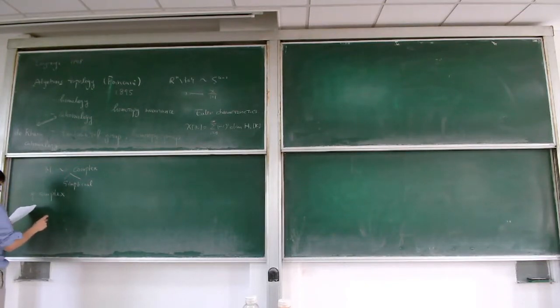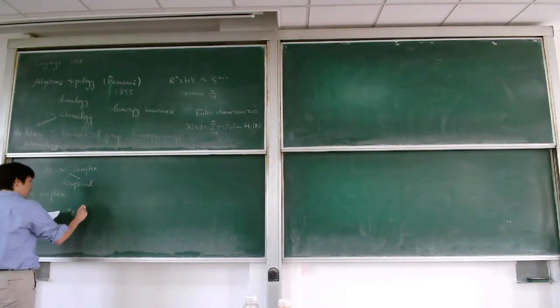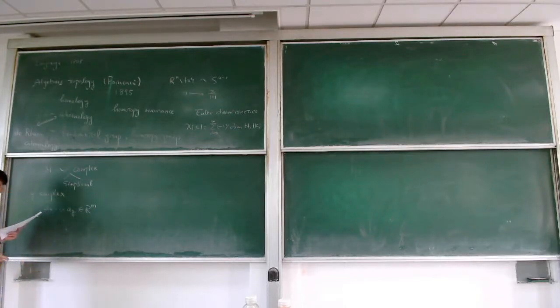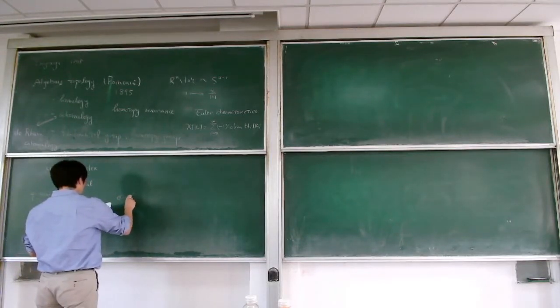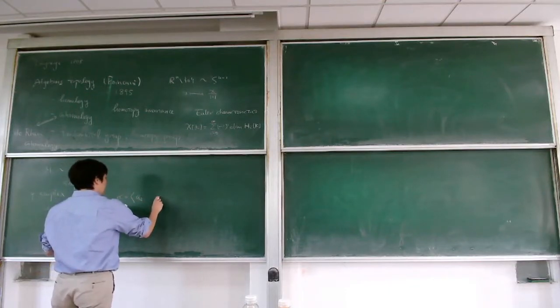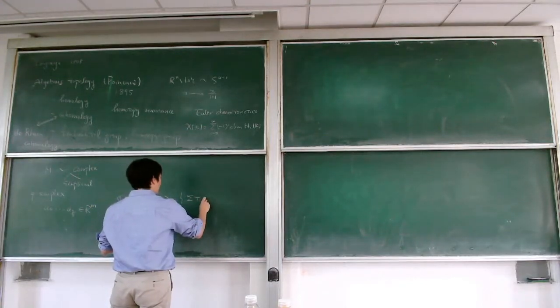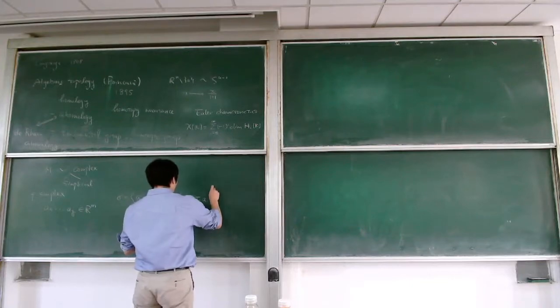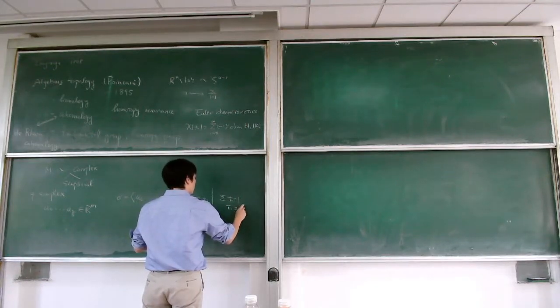So let's consider A_0, ..., A_q in R^m, linearly independent, such that the simplex sigma is the set of the points in R^m of the form the sum of t_i A_i, where the sum of t_i is equal to 1 and each t_i is greater than or equal to 0.